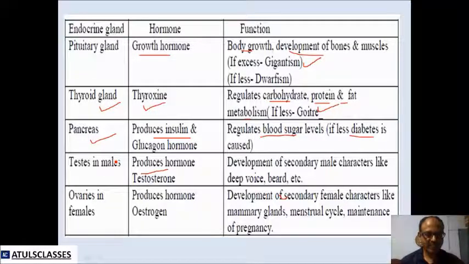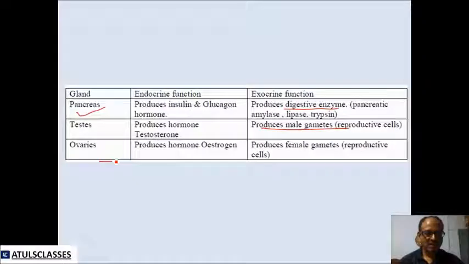So whenever you feel fear, or whenever a dog is behind you and you are in a hurry, at that time your body starts producing adrenaline, and you get increased blood pressure and increased breathing at the time of fear. So this all is about coordination in plants and coordination in animals. Thank you.